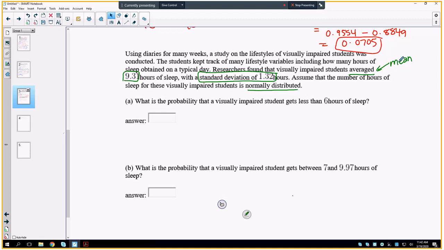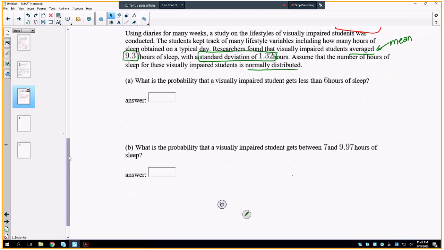So question A, what is the probability that a visually impaired student gets less than 6 hours of sleep? So I would ask myself, is 6 a z-score or an x value? Because it's 6 hours of sleep, that should be the random variable x, which counts the number of hours of sleep. So x equals 6.